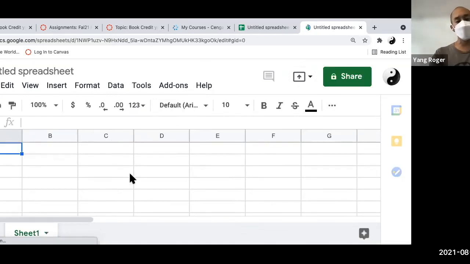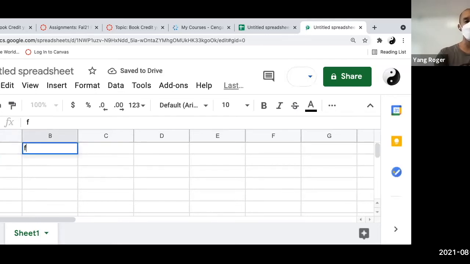Now you can see that this is a spreadsheet type thing. So I'm going to label my x values over here, and then I've got my f of x, or my y values, over here. And I'm going to write in the different x values. So this is going to be 1.1, 1.01, 1.001, and 1.0001, like that.